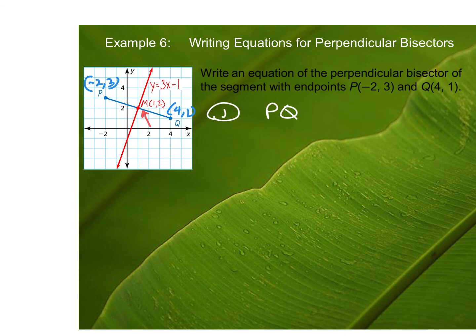Okay, so my next step after I graph this is to find the midpoint of PQ. And again, if you're not given a graph, you have to use your midpoint formula. So the midpoint formula, remember, is x1 plus x2 divided by 2, y1 plus y2 divided by 2.